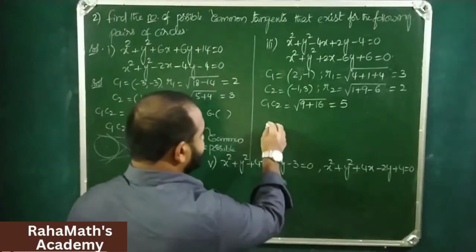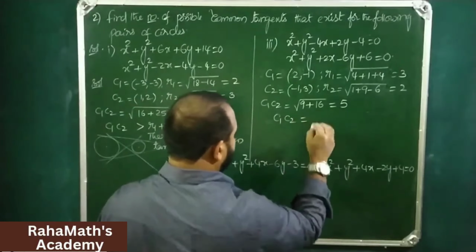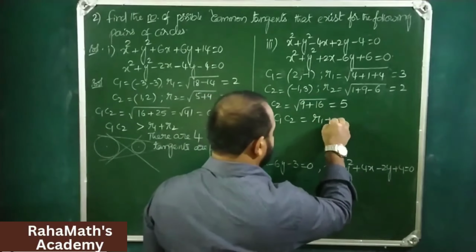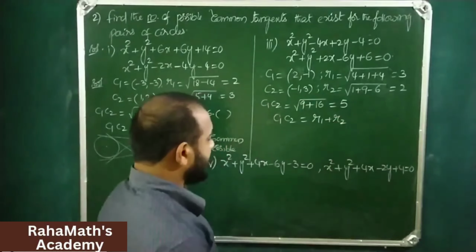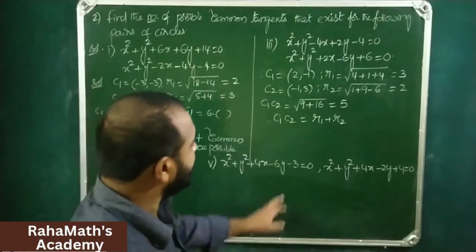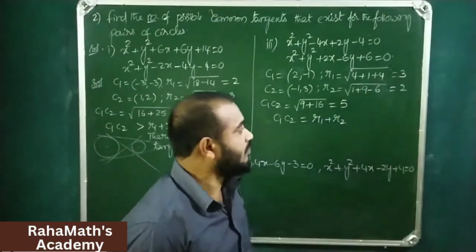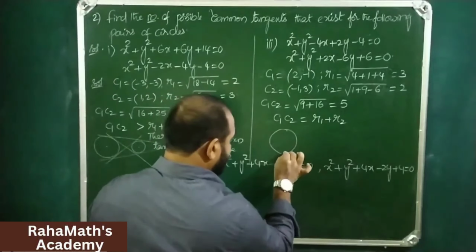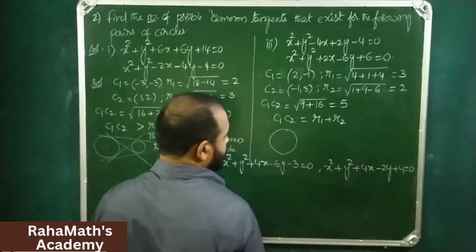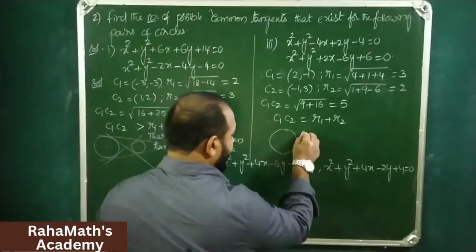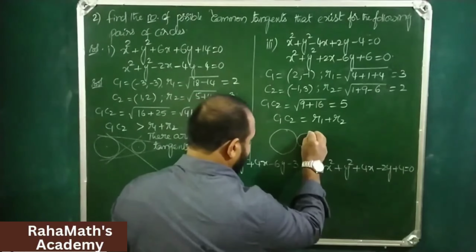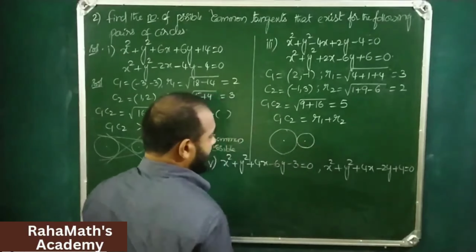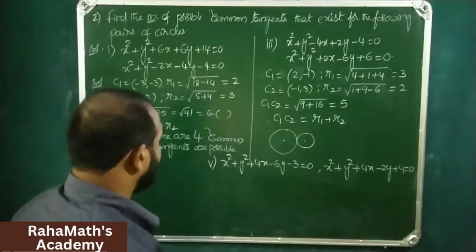So here C1C2 is clearly equal to R1 + R2, because C1C2 is 5, and R1 + R2 is 3 + 2, 5. Therefore here the two circles will be like this. C1C2 equal to R1 + R2 means the two circles touch each other externally. That means these are the two circles. How many tangents are possible now?